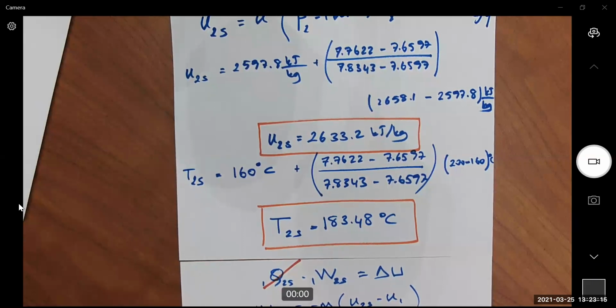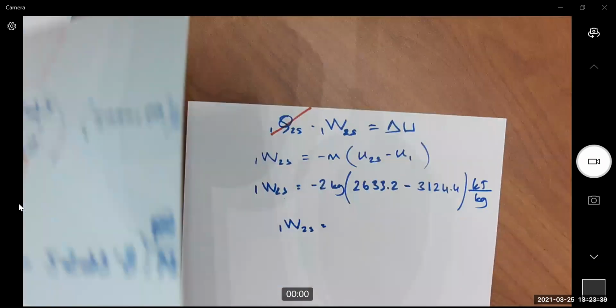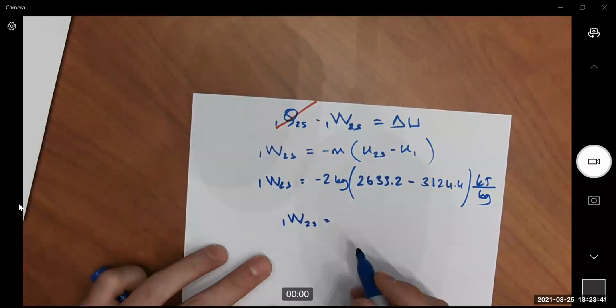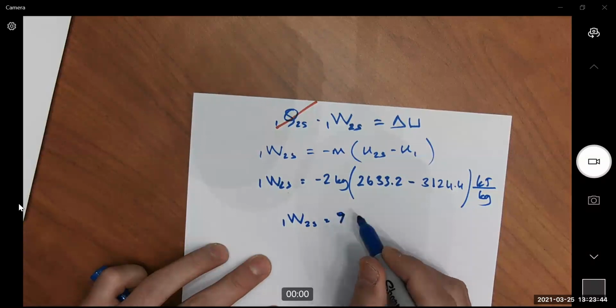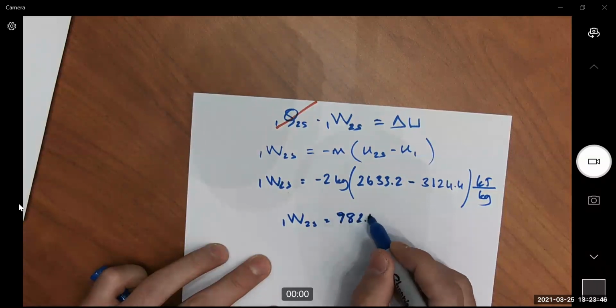Your reversible work is minus 2 kilograms times (U2s, 2633.2 kilojoules per kilogram, minus U1, 3124.4 kilojoules per kilogram). And work for the reversible process will be 982.4 kilojoules.